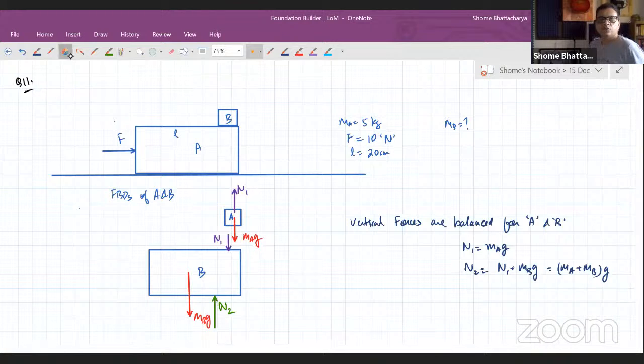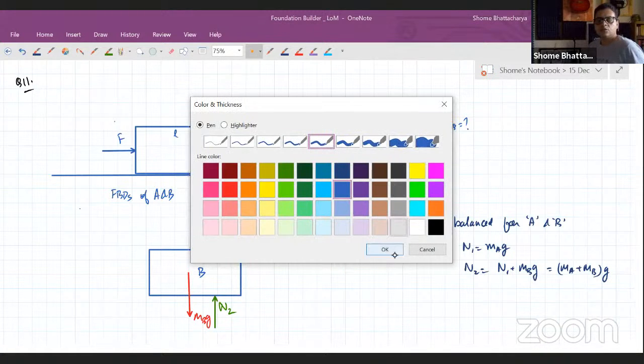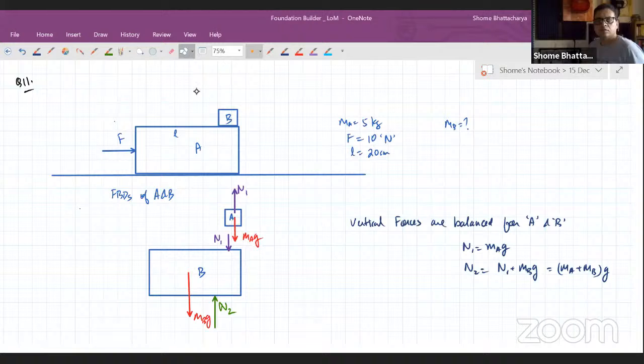But now the most important thing, this horizontal force that I'm applying on B, there's nothing to balance it. So B will immediately develop a horizontal acceleration, whereas A has no horizontal force acting on it. So acceleration of B is a horizontally, but acceleration of A is 0 because there's no horizontal force on it.